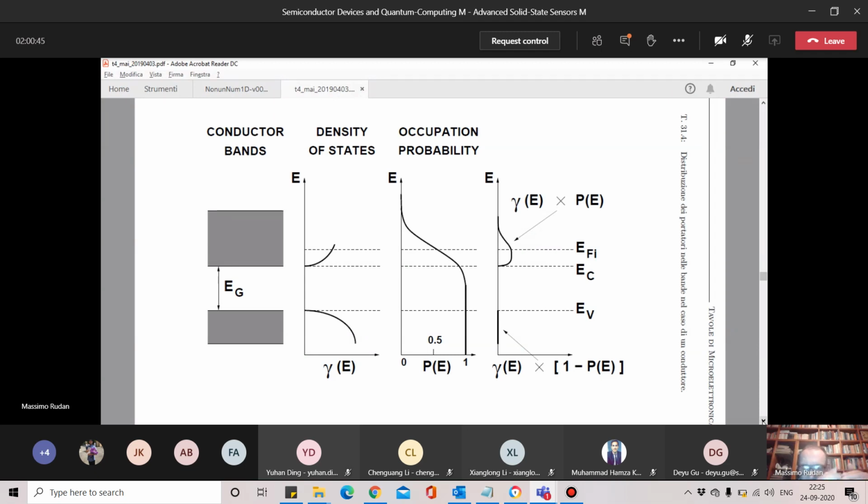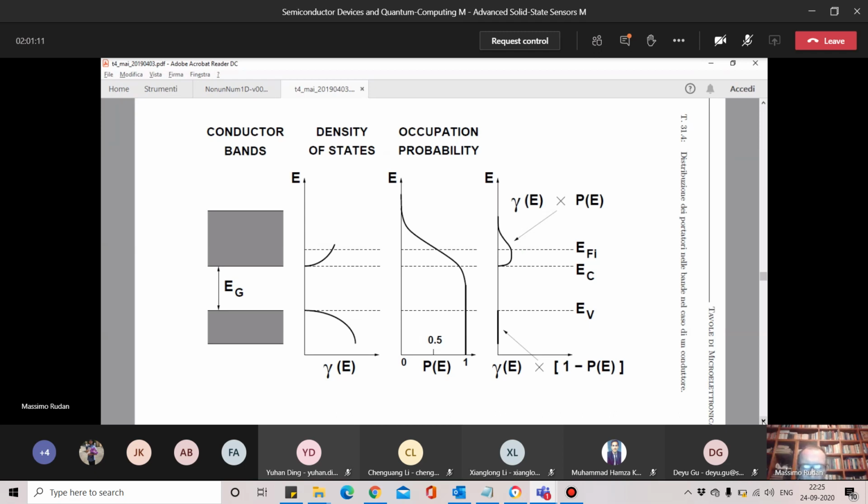Of course, there is still a third possibility that it is exactly at the boundary between the gap and the band, but this is a limiting case. So there are just two possible cases. Case one, the Fermi level happens to be inside a band. The other case, inside a forbidden gap.